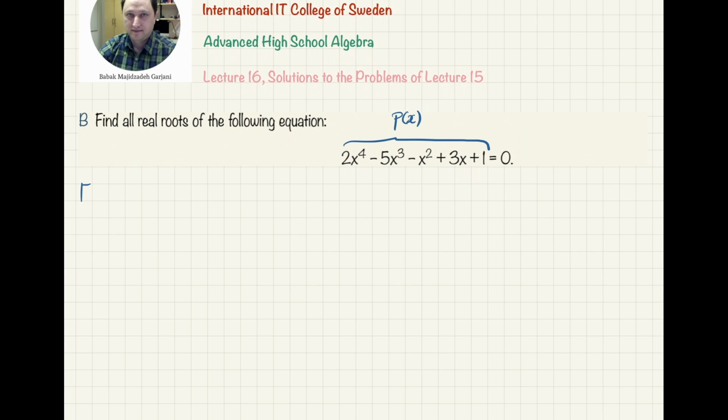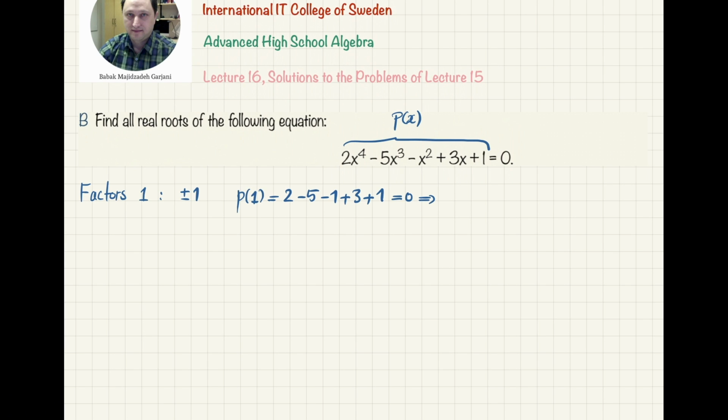I need to look at the factors of this constant term, which is 1. The factors of 1 are plus and minus 1. So let us calculate P of 1. It is 2 minus 5 minus 1 plus 3 plus 1. Is it 0? Yes, this is indeed 0.